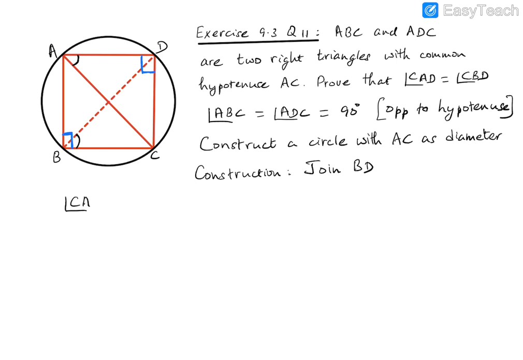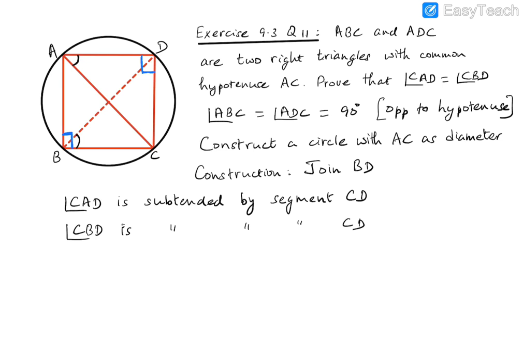So angle CAD is subtended by the segment CD of the circle, and similarly angle CBD is also subtended by the segment CD.